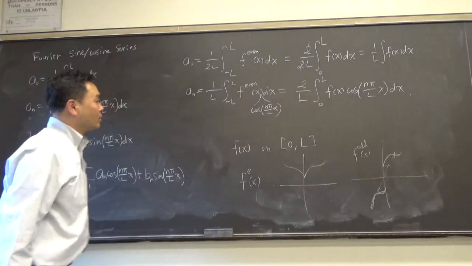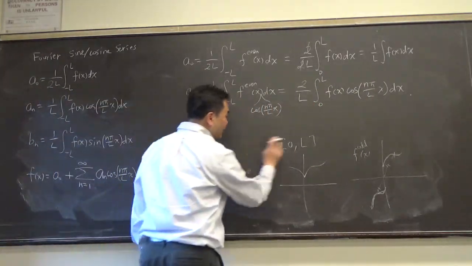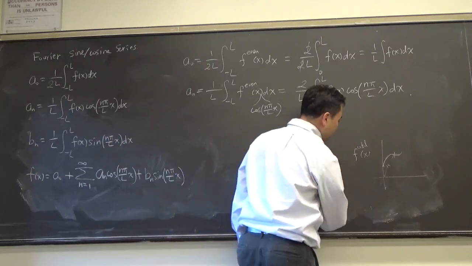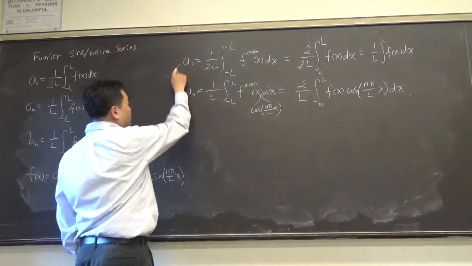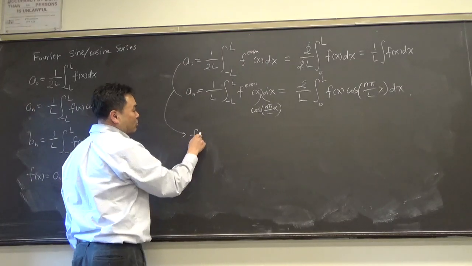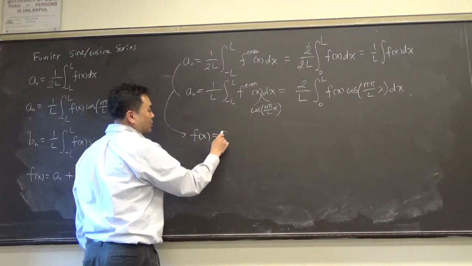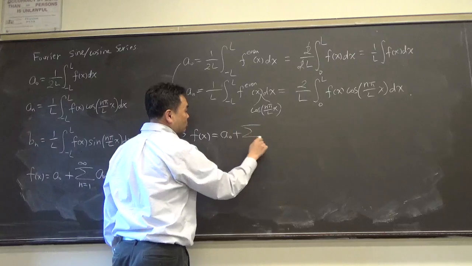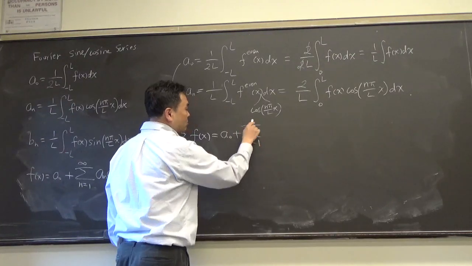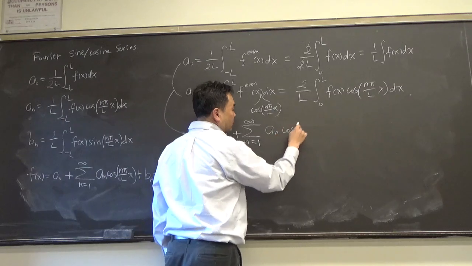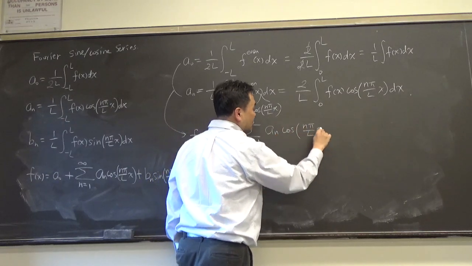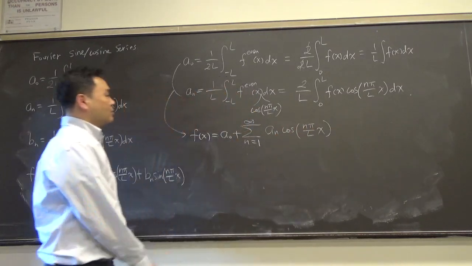Okay? And then once you're done with these two, now you can represent the function as a0 plus summation n equals 1 through infinity of an cosine n pi over L x. Okay?